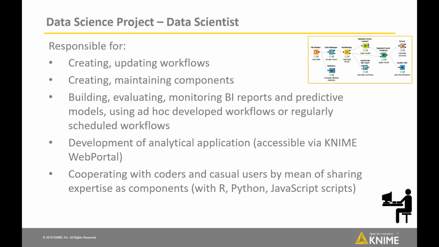He may be doing one-off ad hoc developed workflows, or he may be regularly scheduling a series of workflows depending on how things are going. But he's going to be the one that's developing the workflow behind what underlays all the stuff for the data science project. He may also be cooperating with hardcore coders, people who are building stuff from scratch in Python or R, and more casual users depending on their level of expertise.